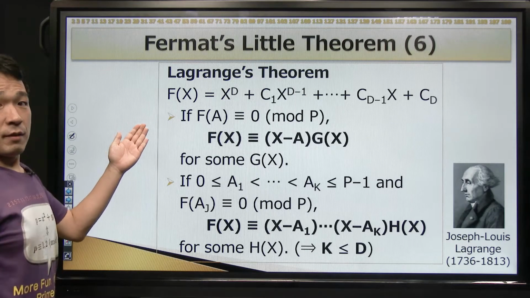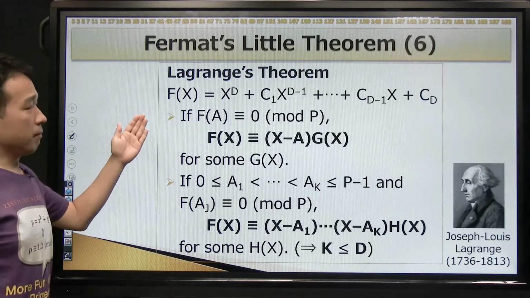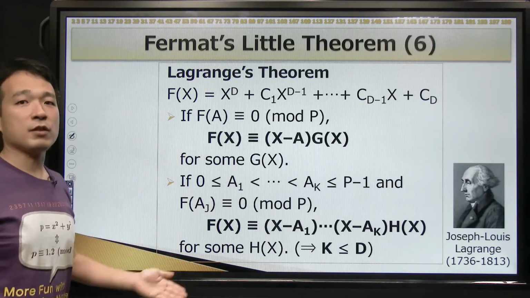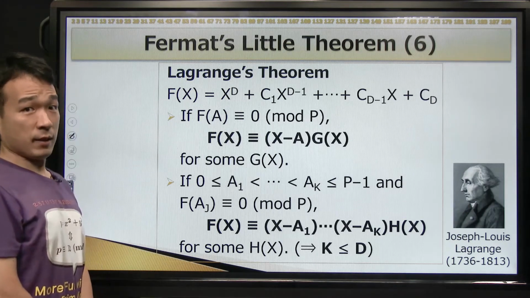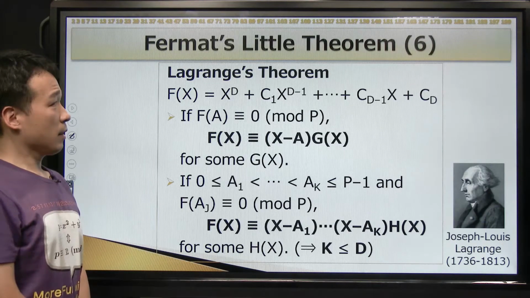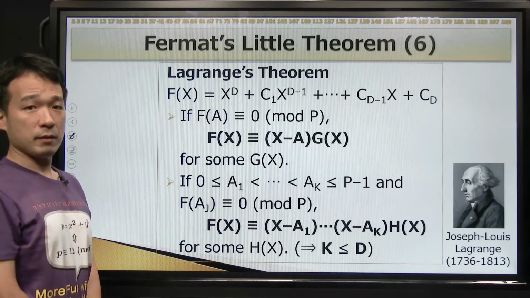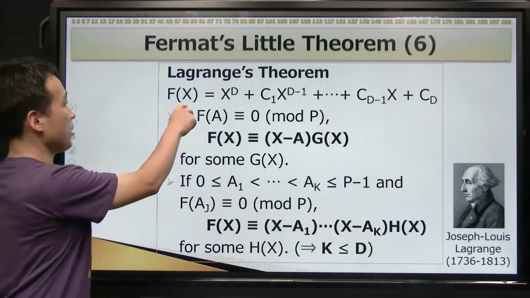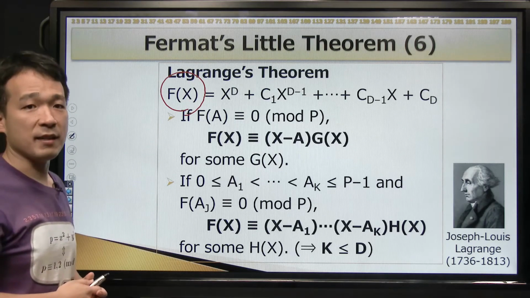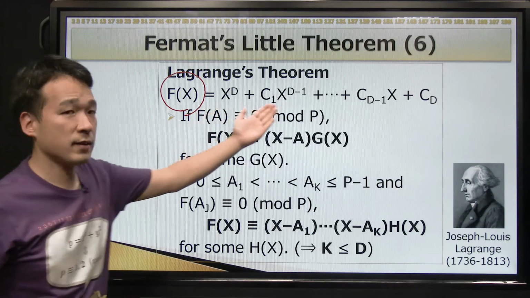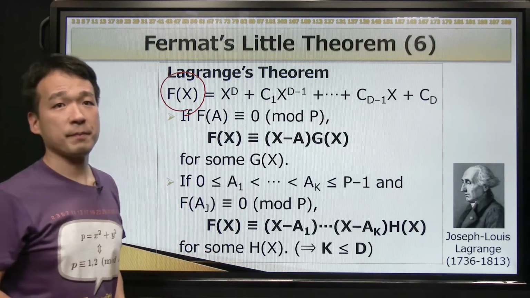The following is Lagrange's theorem. It looks a little bit complicated, but the actual meaning of the theorem is rather simple. Fix a prime number p. Consider a polynomial f(x) of degree d. The coefficients are integers.